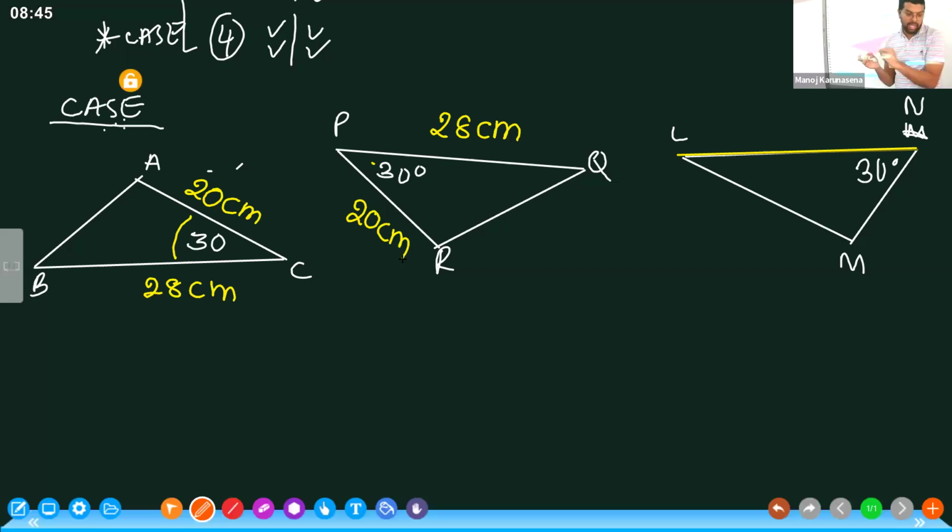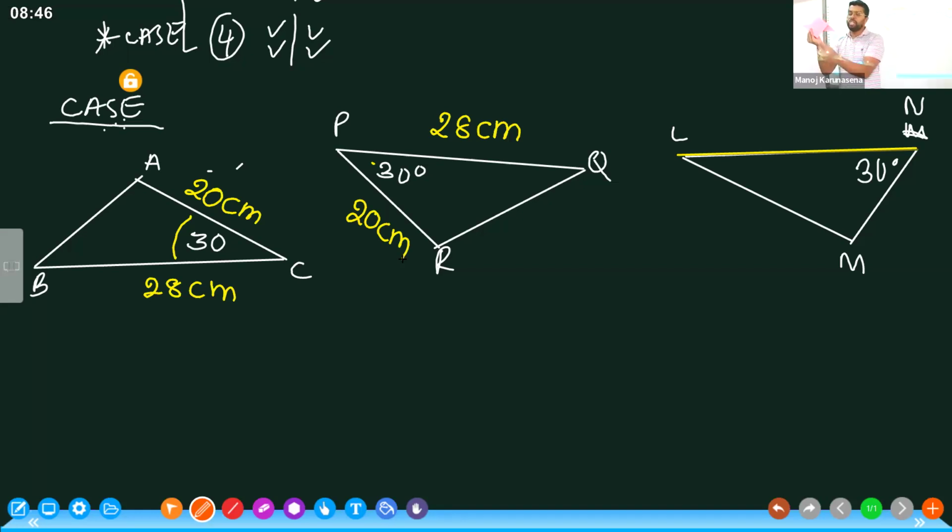This is the first triangle and this is the second triangle.